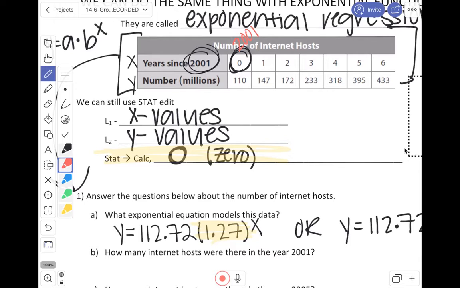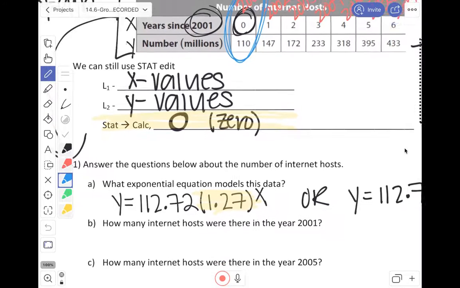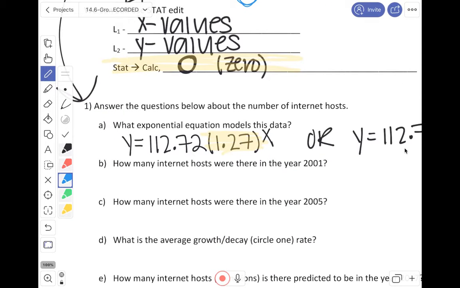If I've gone 1 year from 2001, I'm in 2002. 2 years, 2003. 3, 2004, 2005, 2006, 2007. So I'm looking again for 2001, which is right here. So in 2001, I had 110 million, according to my table. How many internet hosts were there in 2005?